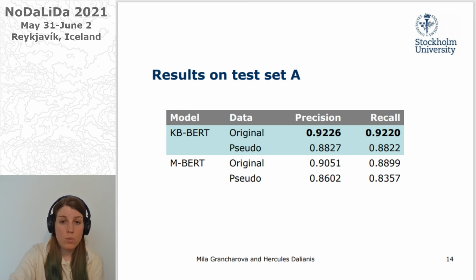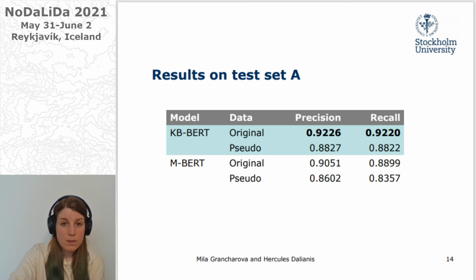But this time we achieved this recall without sacrificing precision, which we were really happy to see. We see that the results on the multilingual BERT model seem to follow the same trend, where the model fine-tuned with the original data performs better than the model fine-tuned with the pseudonymized data.